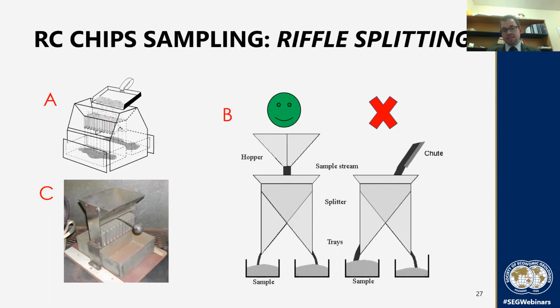You can see on the right-hand side that if you introduce your sample from a certain angle or direction, it will then produce unequal weights. And that is a problem if you are trying to assess the sampling technique or precision, if you submit a duplicate sample later on.